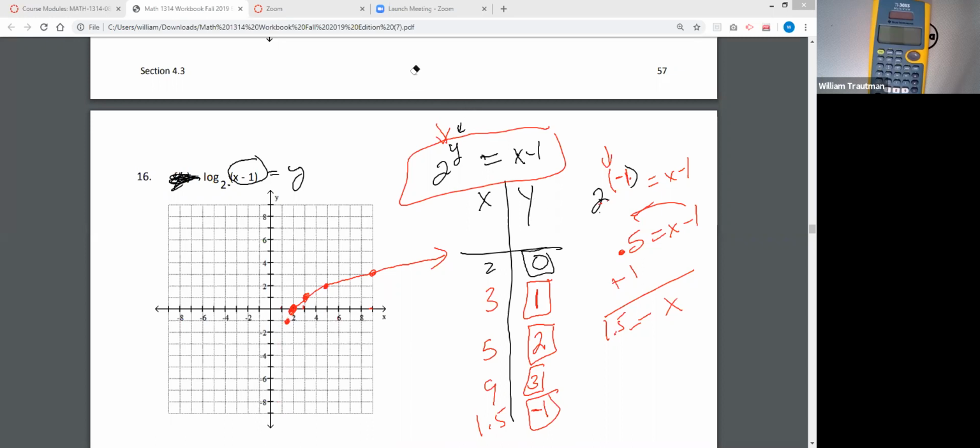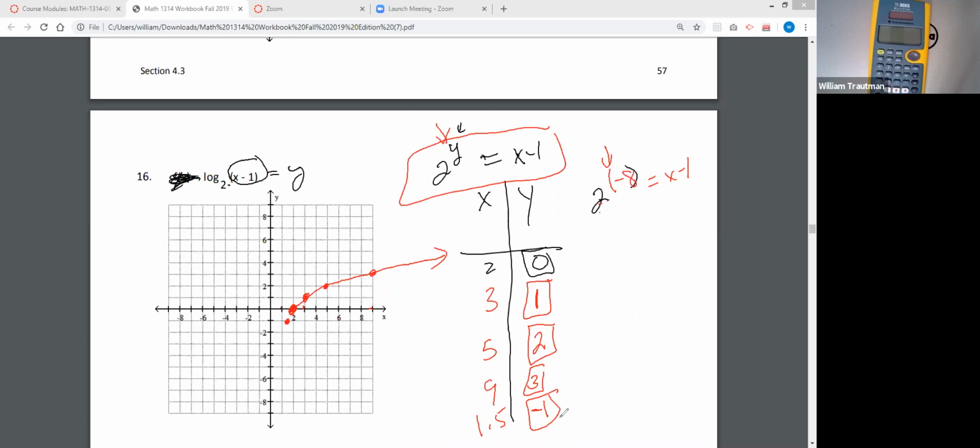Let's do another point. I'm going to put one more point in here. Let's put -8.